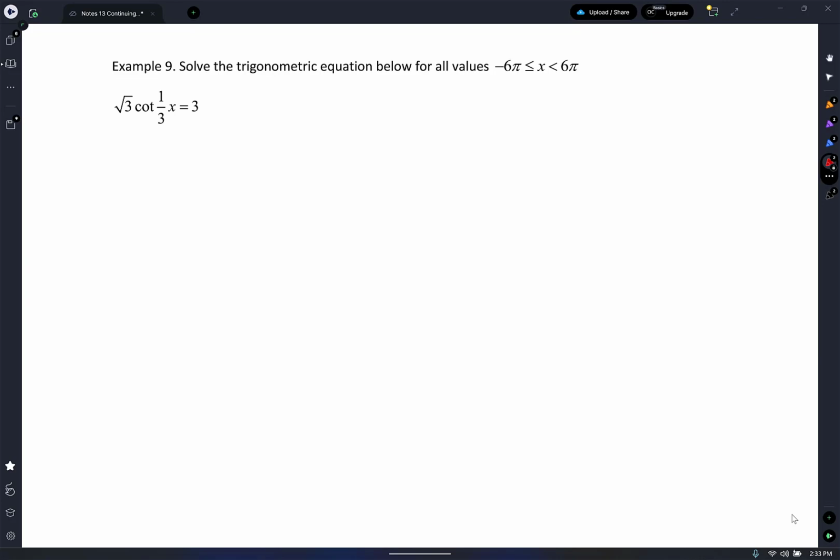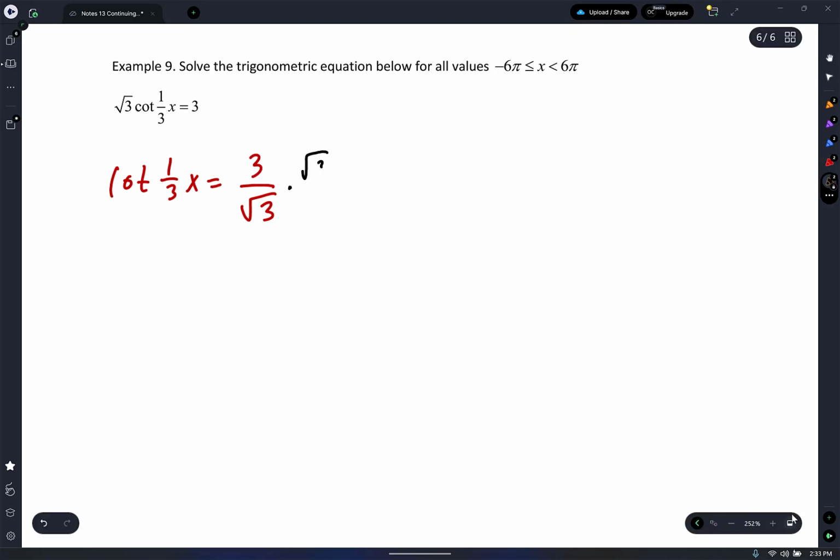I'm going to divide by square root of 3. And I have cotangent of 1/3 x equals 3 over square root of 3. I'm going to rationalize this. I don't always rationalize, but I'm going to rationalize this. So you're going to have, let's see, 3 square root of 3 over 3.